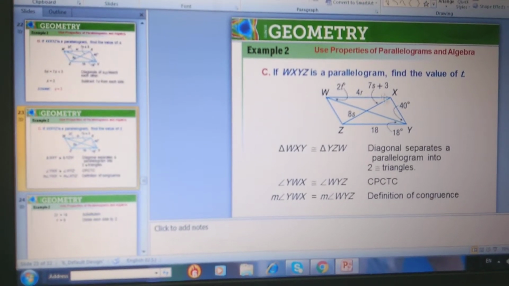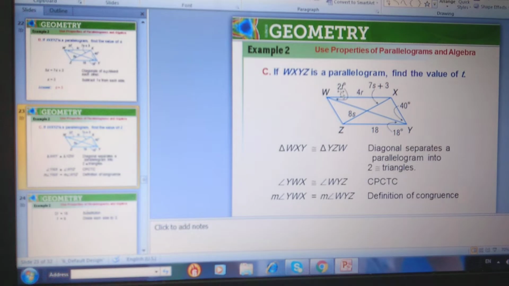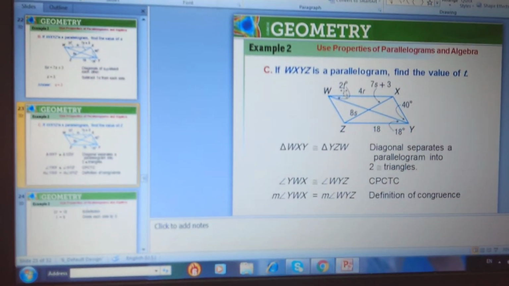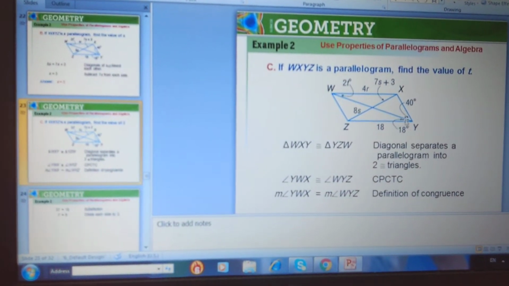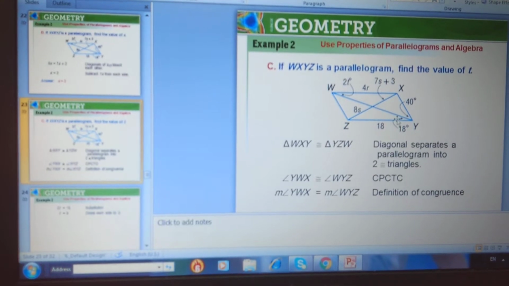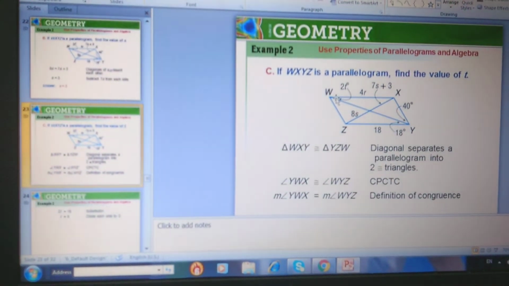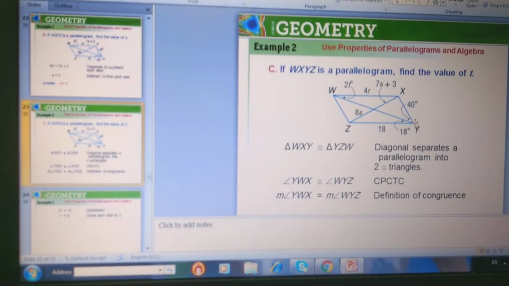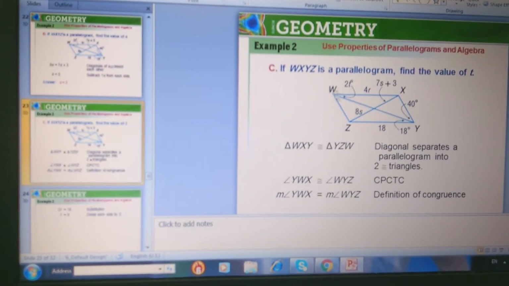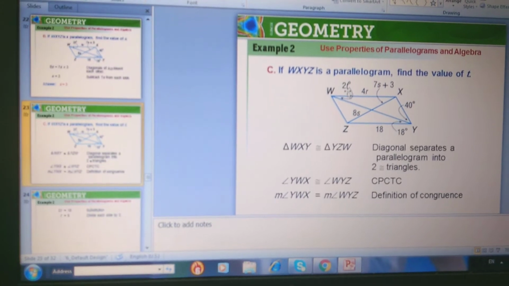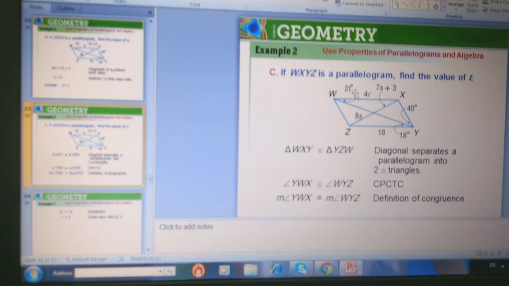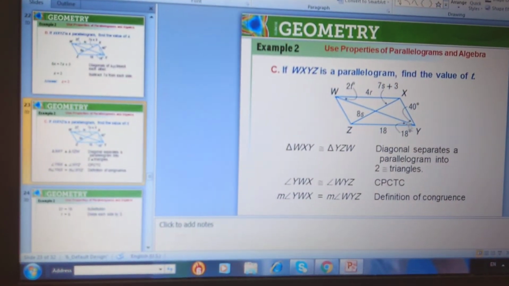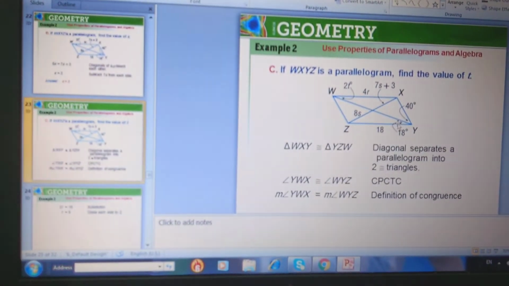Follow me: angle YWX, whose measurement is 2T, is congruent to angle WYZ, which is what? 18 degrees.